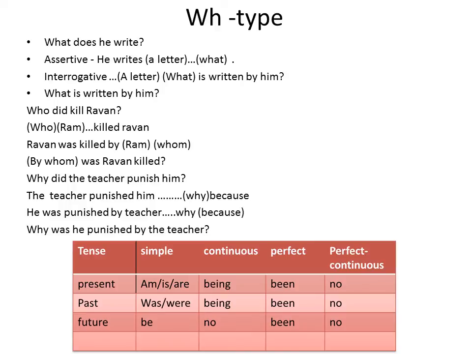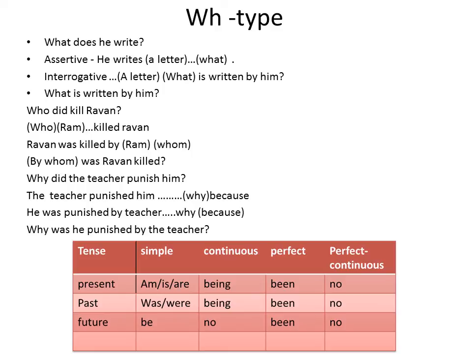Then what we have to do regularly is convert this sentence into a passive sentence. Ram we will take here, and Ravan, it is the object, we will take as subject. Ravan was killed by Ram. So what we have to do is make a question out of it.